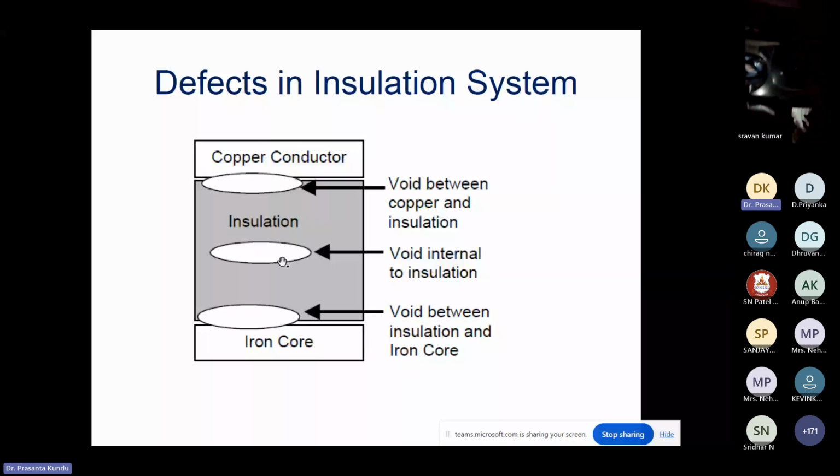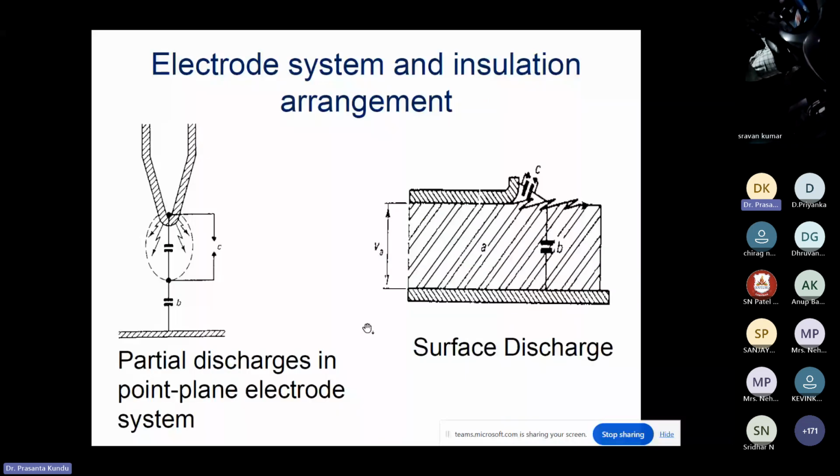Based on those locations, we classify partial discharge into different types. If it is attached to the high voltage electrode, then we call it corona discharge. If it is attached to the high voltage or low voltage electrode, but it is not in the solid insulation, it is on the surface of the insulation, then we call it surface discharge.